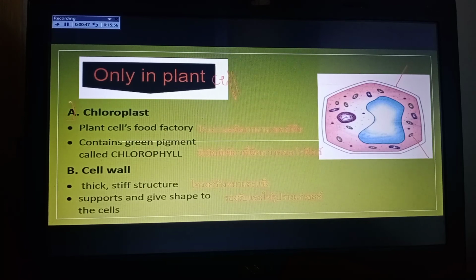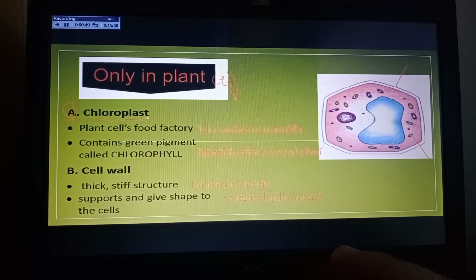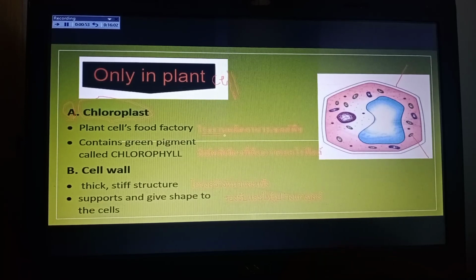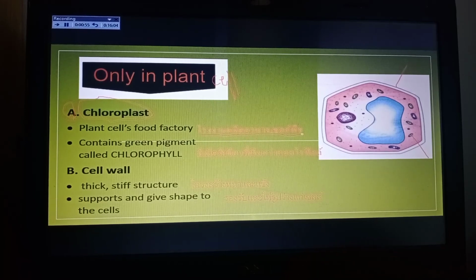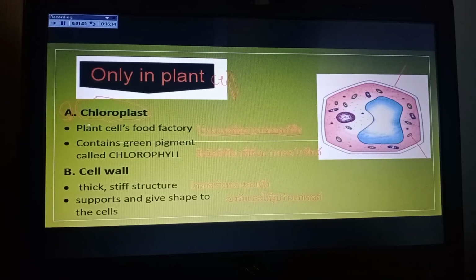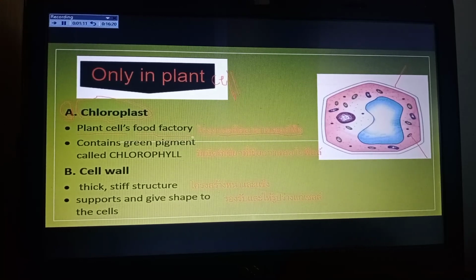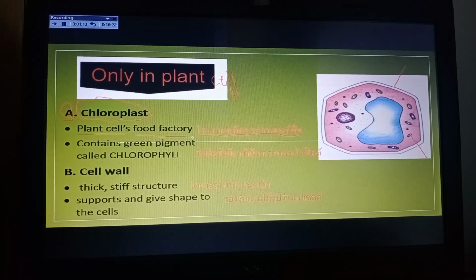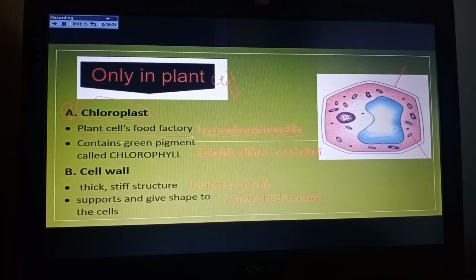Let's have first our chloroplast. Now we have here our Thai translation so that it would be easy for you to really understand and imbibe what I am trying to say. The chloroplast is the plant cell's food factory, meaning they get food from here.